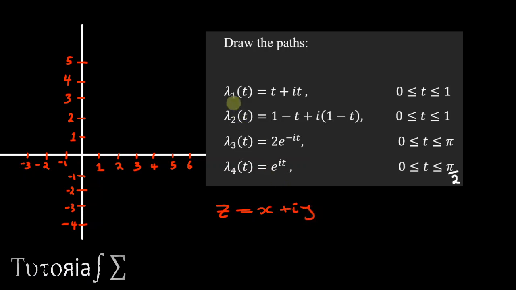So for the path that we've been given, x is equal to t and y is also equal to t, the imaginary part. We can combine these two by making t the subject of the formula and replacing. So we see that we have the equation x equals y.